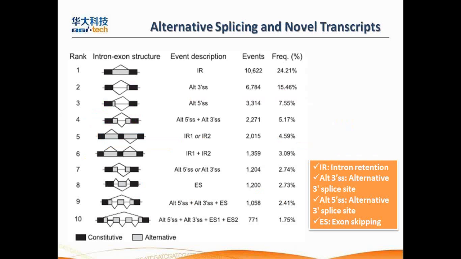The other problem we can solve using the novel transcriptome or resequencing transcriptome is to detect alternative splicing and to detect whether there are some novel transcripts. This is one of our ongoing projects, and here are some alternative splicing events we detected, and we count the number of unigenes and the number of these alternative splicing events.